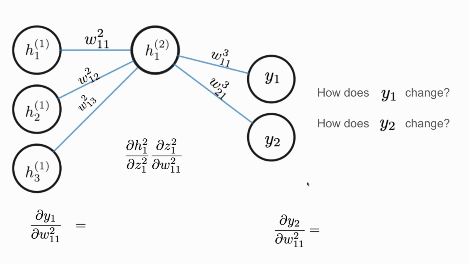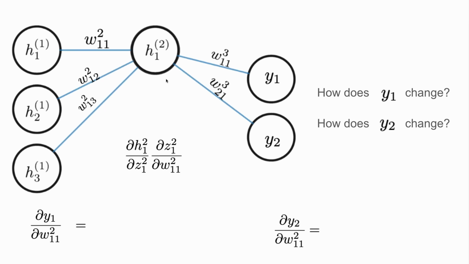We want to combine them. Anyway, yeah, the partial derivative of y1 with respect to h1. Yeah. And then you multiply with, correct.